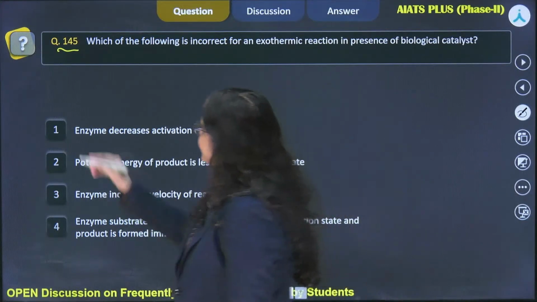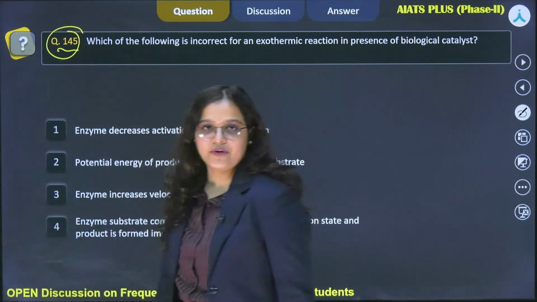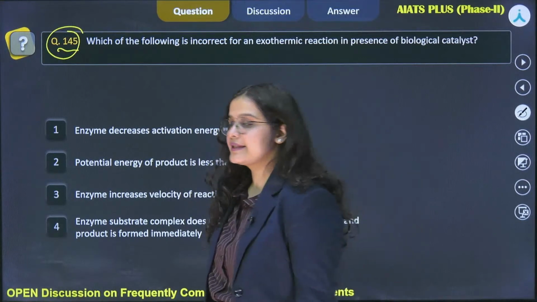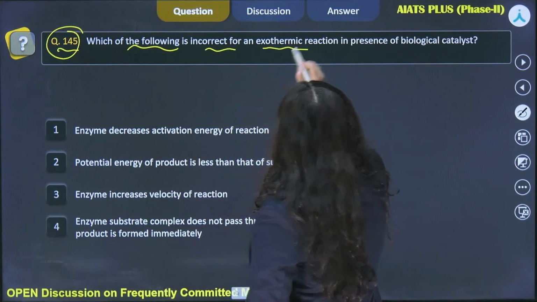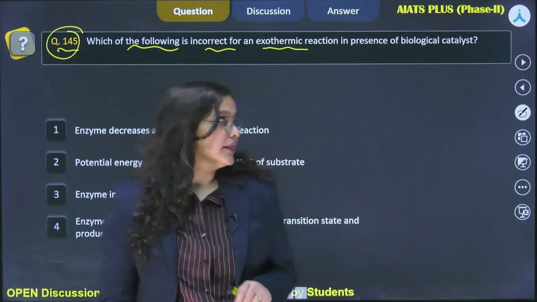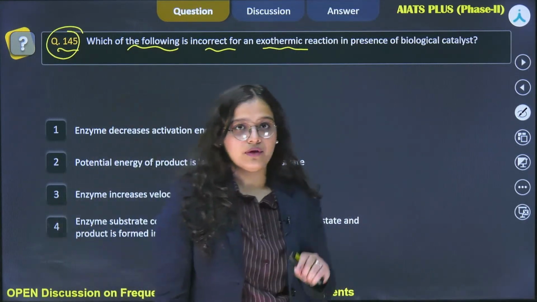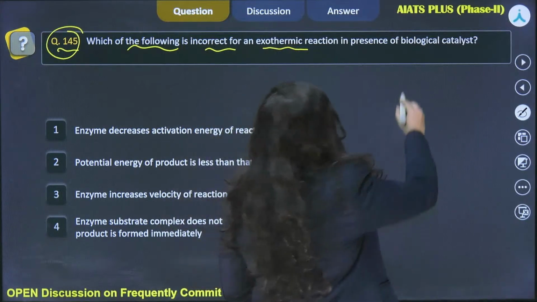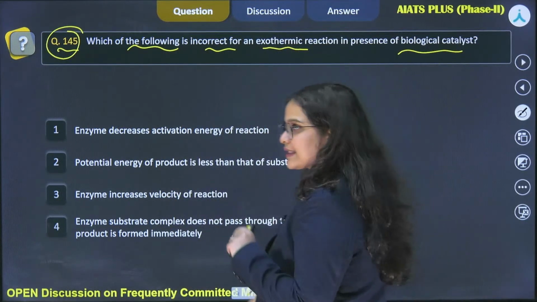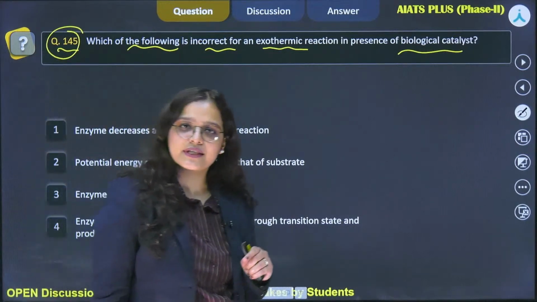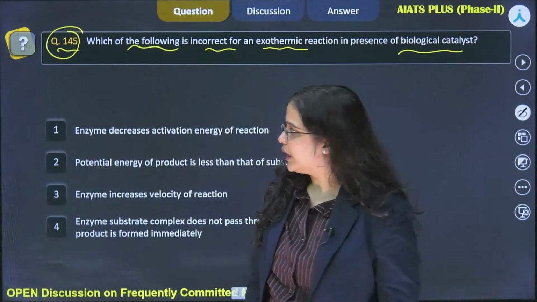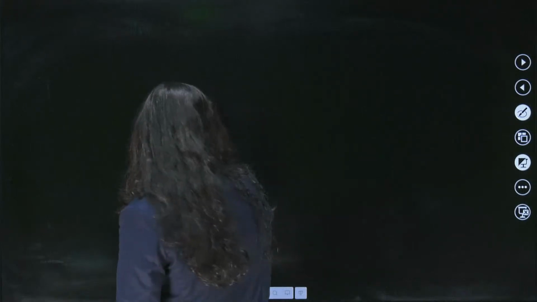Okay, so we move on to our next question, which is question 145, and it is stating which of the following is incorrect for an exothermic reaction in presence of biological catalyst. Alright, so we discussed the concept of exothermic and endothermic reaction in our previous class as well, but let us quickly recall the concept.